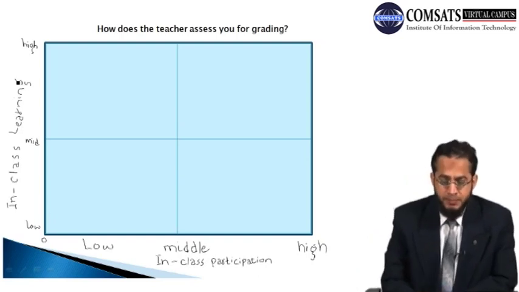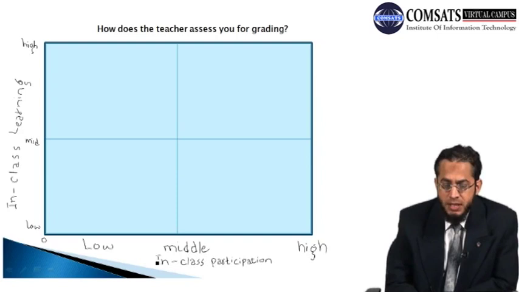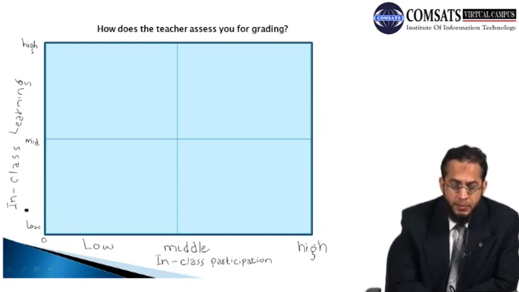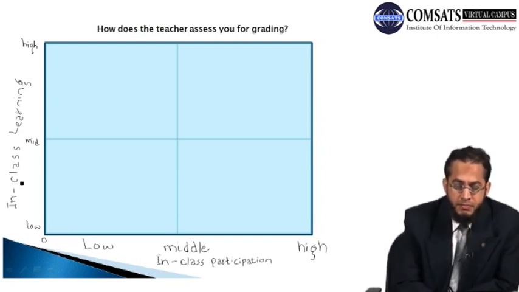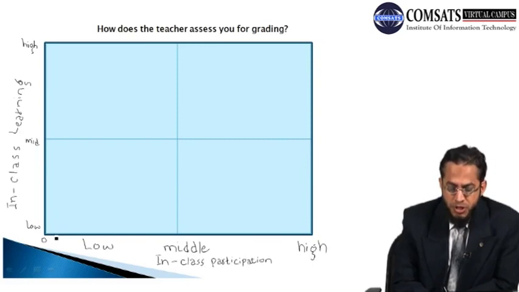So if you look here, if your in-class learning is lying somewhere here between low and the midpoint, and your class participation is lying between low point and the midpoint here, then you will fall in this quadrant.